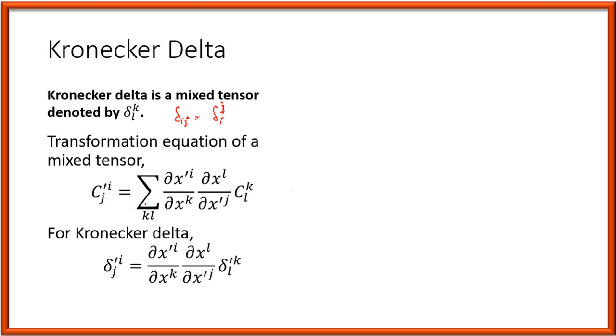We know that a mixed tensor transforms according to this given equation, when L changes covariantly and K changes contravariantly with respect to some axes I and J. Now if Kronecker delta is a mixed tensor, then it should also vary according to the same equation.